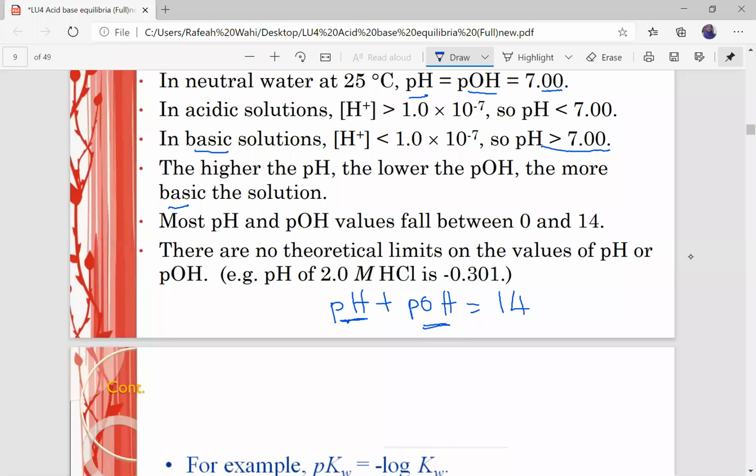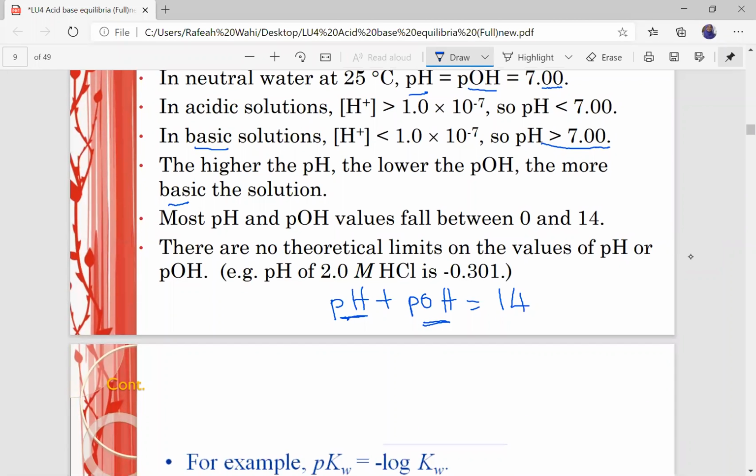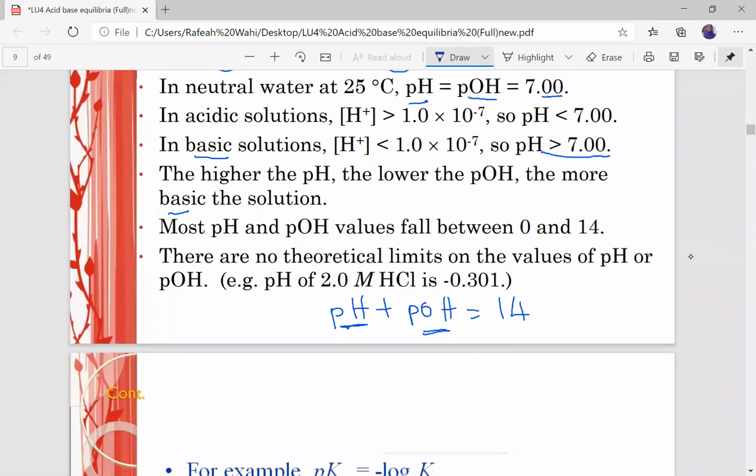While there are no theoretical limits on the values of pH or pOH, normally for determination of pH not using a pH meter, we will always have a situation where the pH is between 0 and 14. However, if we check it using a pH meter, there is no theoretical limit on the value of pH or pOH which can be detected.